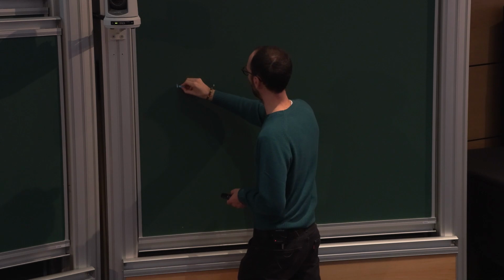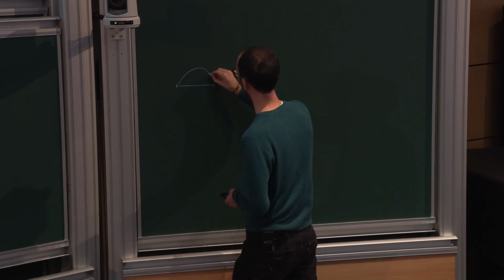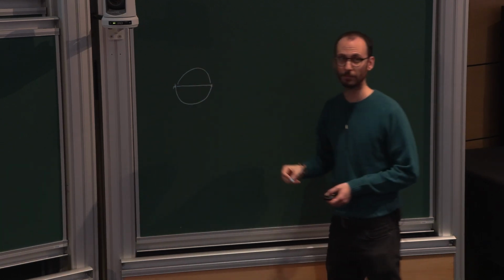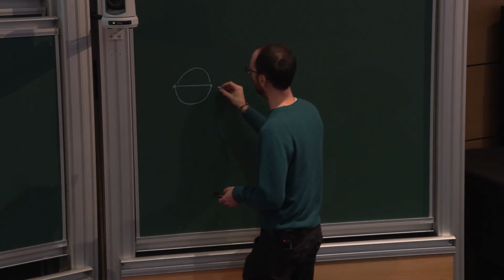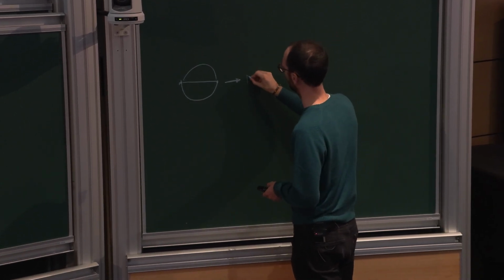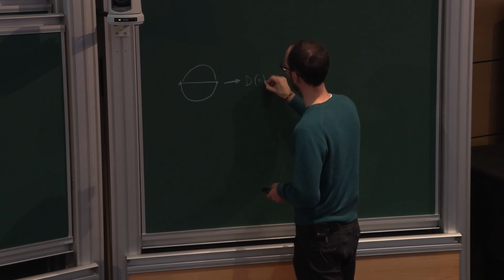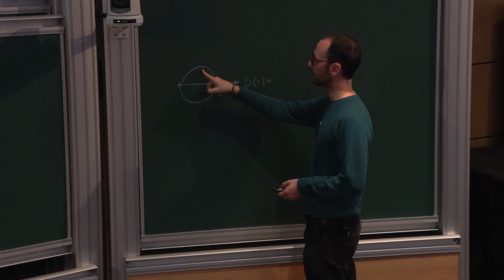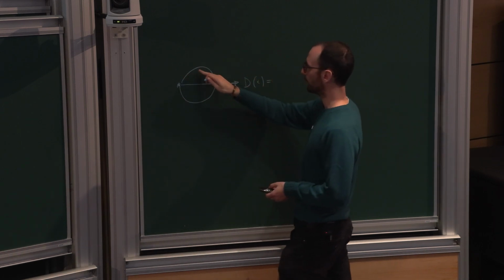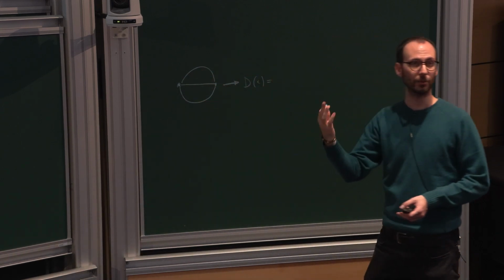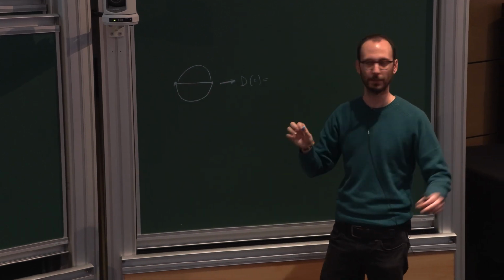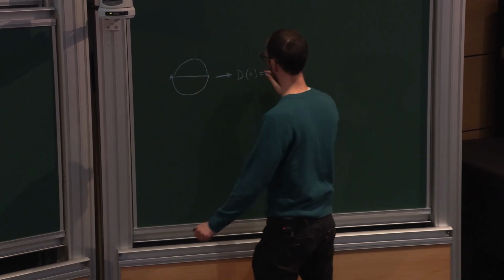You have this graph, with 2 vertices and 3 edges. The modular graph function associated to this: you want to assign to each edge a propagator, and you want to think of those as positions, as points on your Riemann surface, on your complex torus.